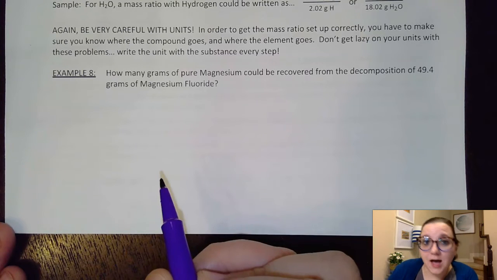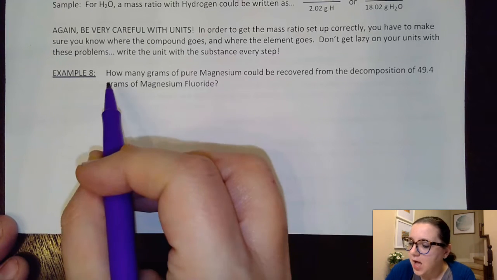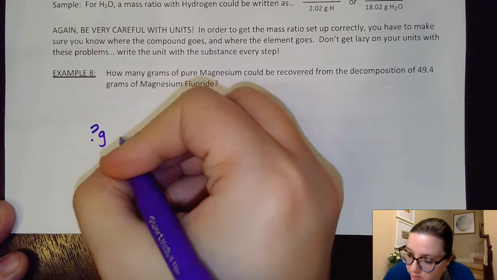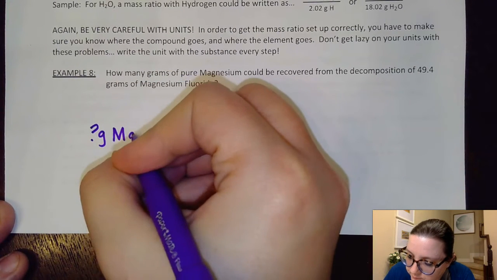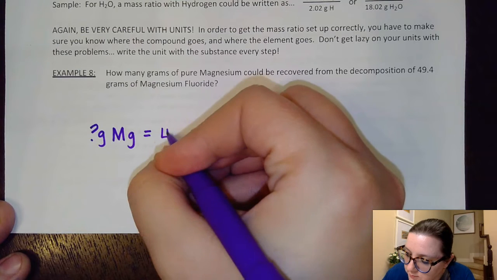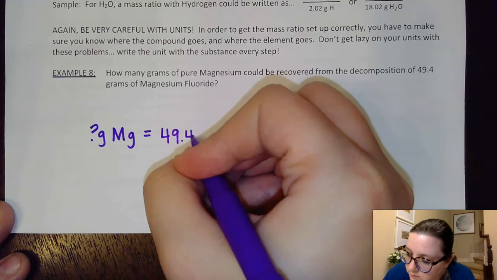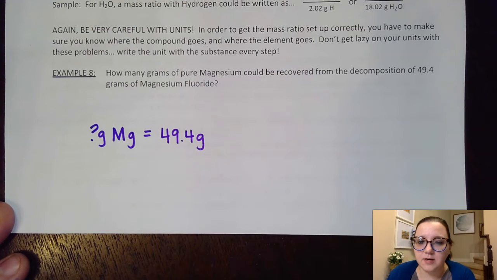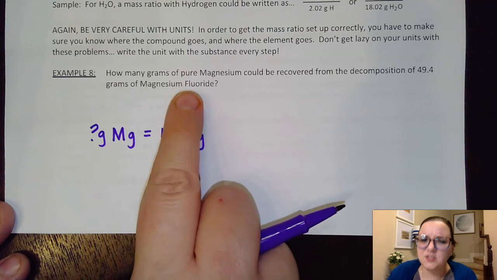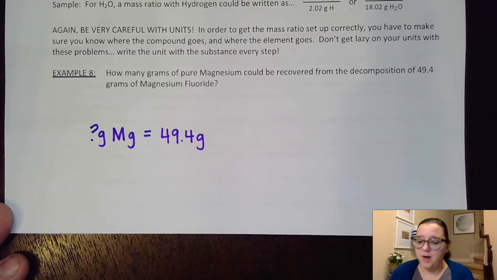I'm going to look for my how much, what is, how many statement. I notice that we're trying to solve here how many grams of pure magnesium could be recovered from the decomposition of 49.4 grams of magnesium fluoride. And I'm like, ooh, that's a different substance than what I have here. So I'm going to need to show that formula throughout my work.